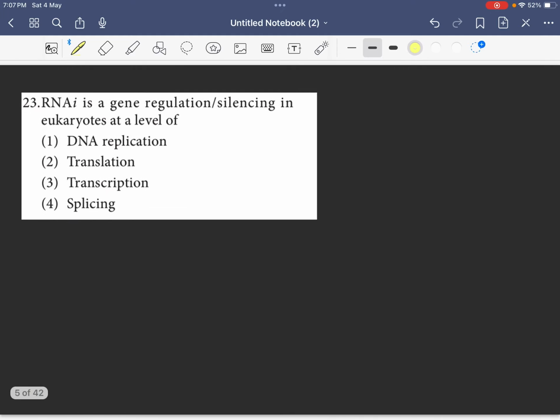Moving on to the next. RNA interference is a gene regulation or silencing in eukaryotes at which level? Before jumping into the question, let's see. You have your double-stranded DNA, which undergoes transcription to form an intermediate molecule, your mRNA.